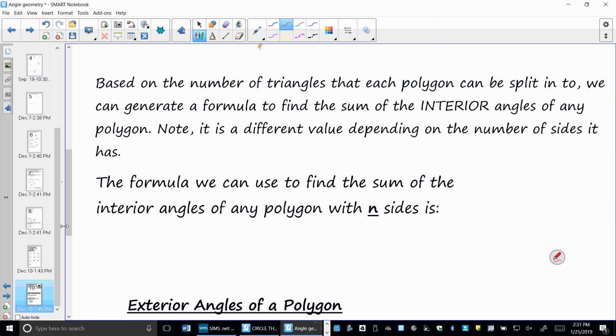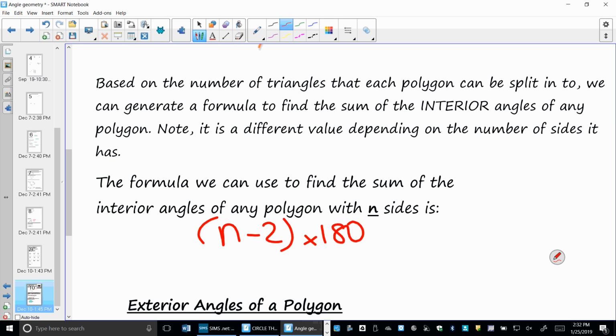Based on the number of triangles that each polygon has, your shape can be split up into a number of triangles. You will find that there's a formula to find the sum of the interior angles of any n-sided shape. Does anyone remember what it is? Okay, so whatever number of sides the shape has, you subtract 2 from it, and then you multiply that by 180.